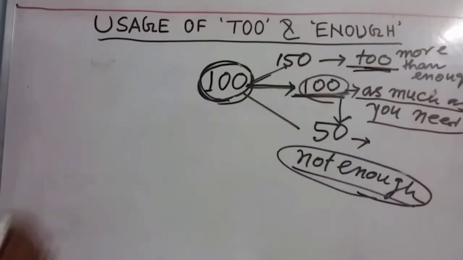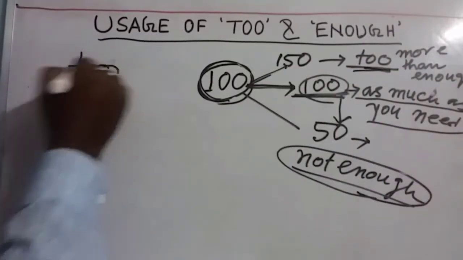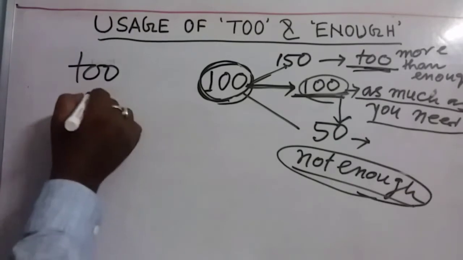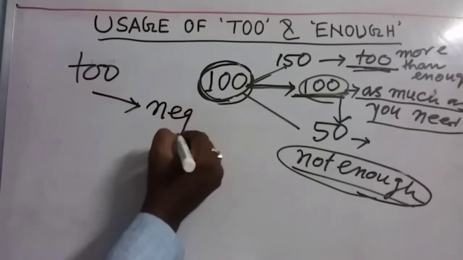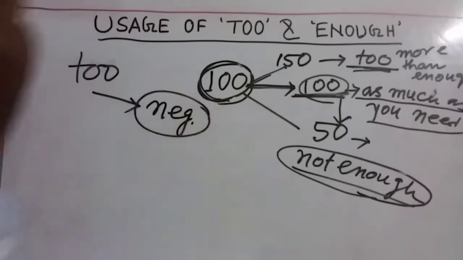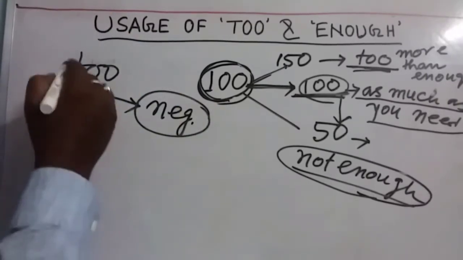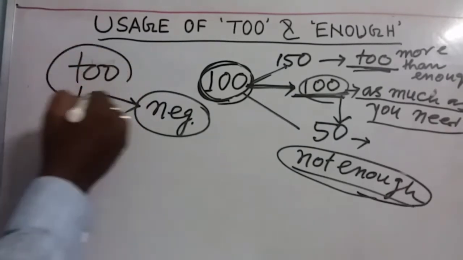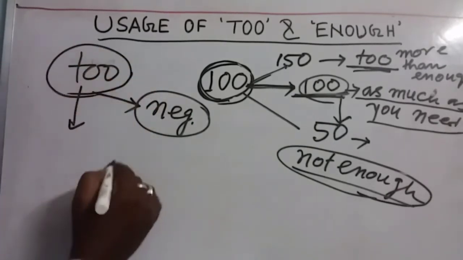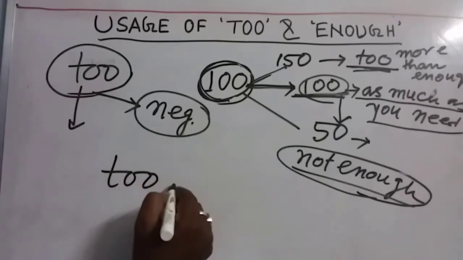And my dear friends, this term too, in formal English, is basically used in a negative sense. We have to avoid the usage of this term. We should not use this term in formal English. There is a particular usage of this one, I am going to show you after some time.